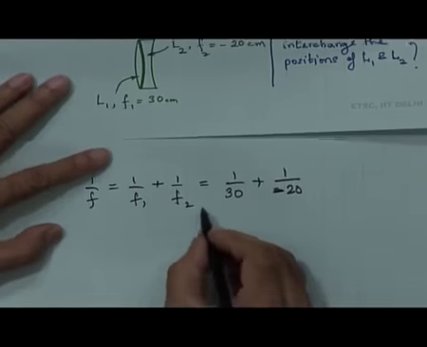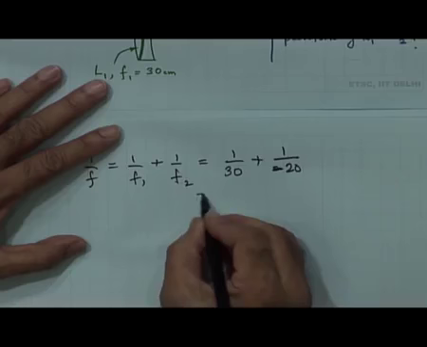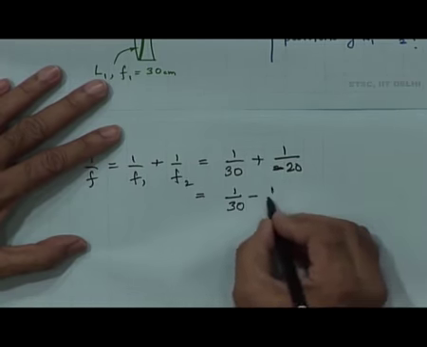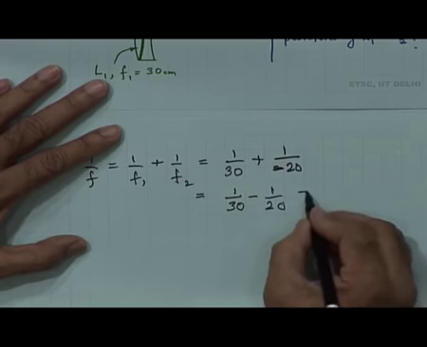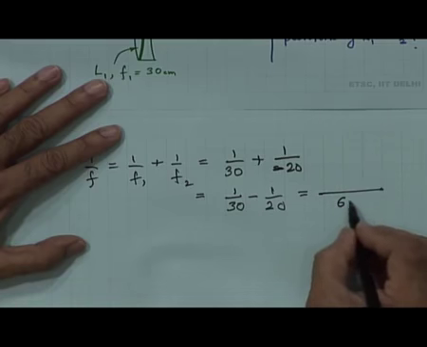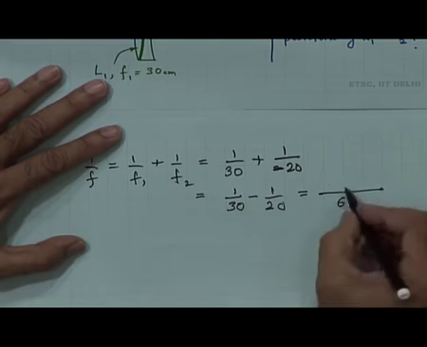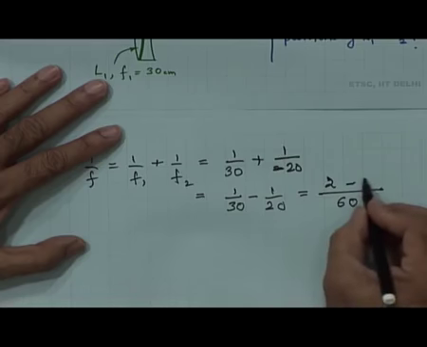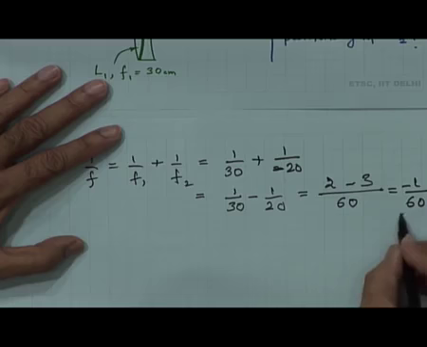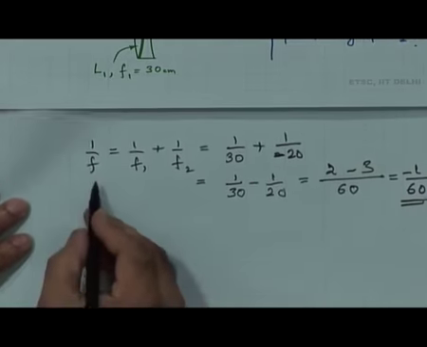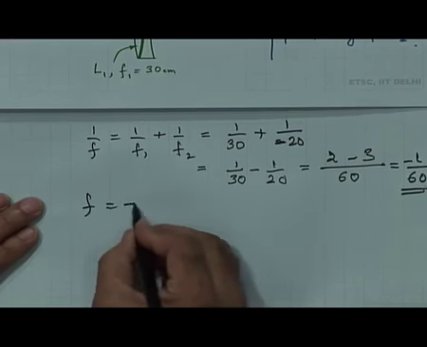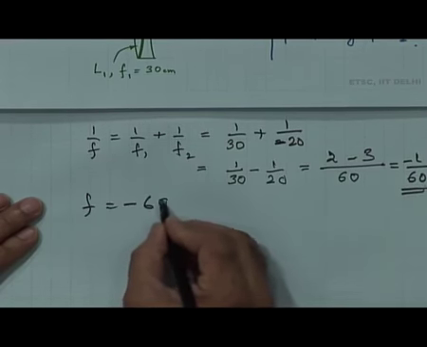So, that is 1 by 30 minus 1 by 20, which is equal to, so 60 could be the common denominator, so we have 2 minus 3 over 60, which is equal to minus 1 by 60. This is the focal length of the combination, which implies f is equal to minus 60 centimeter.